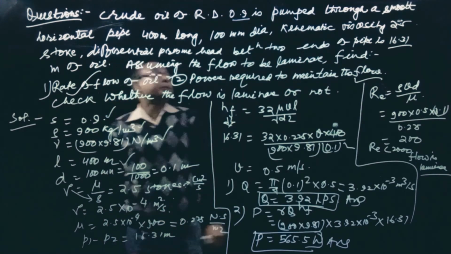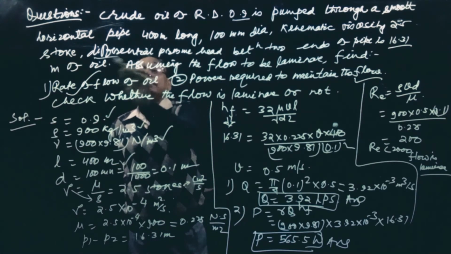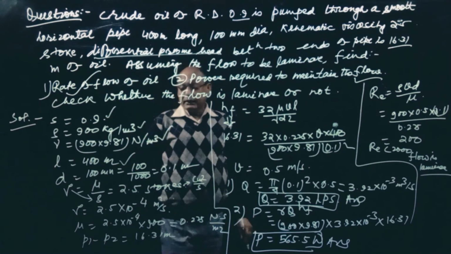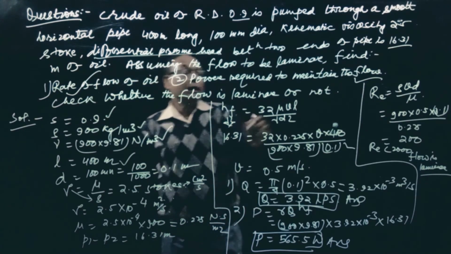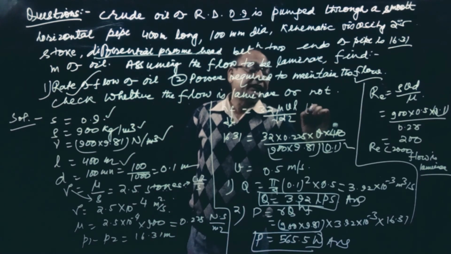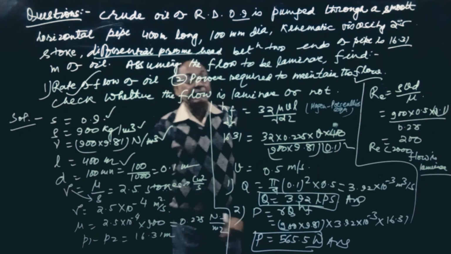The pressure difference is given, that is the differential pressure head, P1 minus P2, equal to 16.31 meter. Now hf is equal to 32 mu V L by gamma d square, the Hagen-Poiseuille equation.